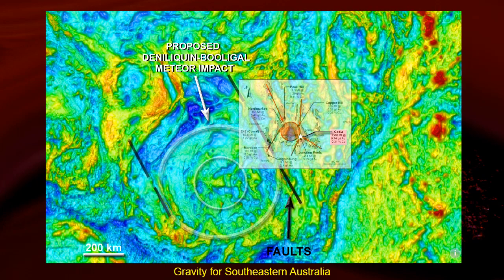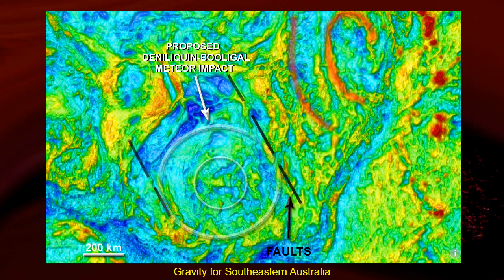Another problem is that the Cadia deposit is at least 200 kilometers from the outer edge of the proposed Deniliquin Bulagul impact. Recognizing the various curved structures northeast of the Deniliquin Bulagul impact may be a solution to this apparent problem.